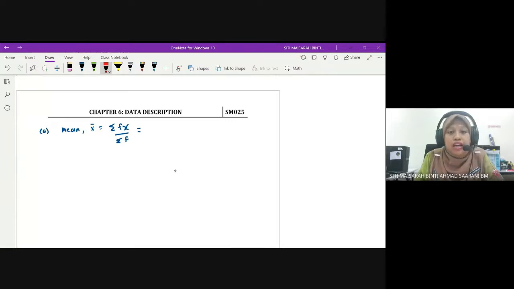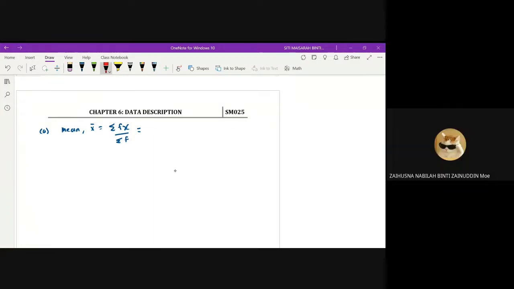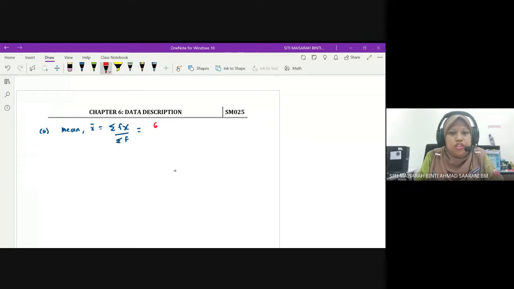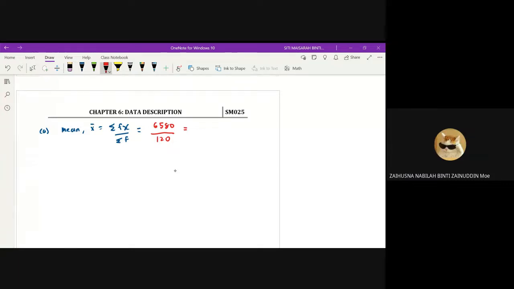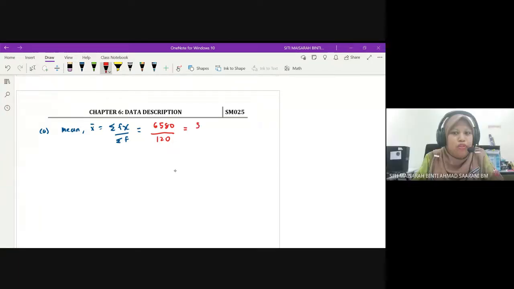Have you found it? 6580. So 6,580 over total frequency 120. What is your answer for mean? 54.83. So this is correct. So our mean is 54.83.